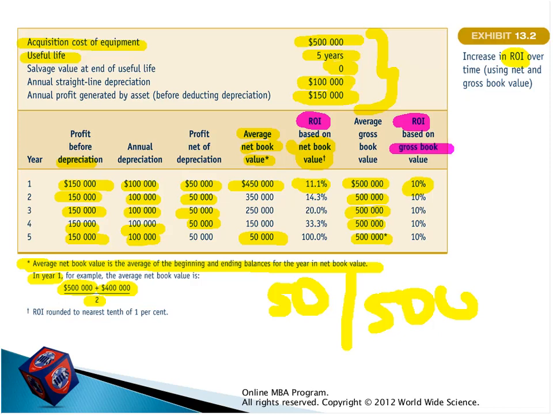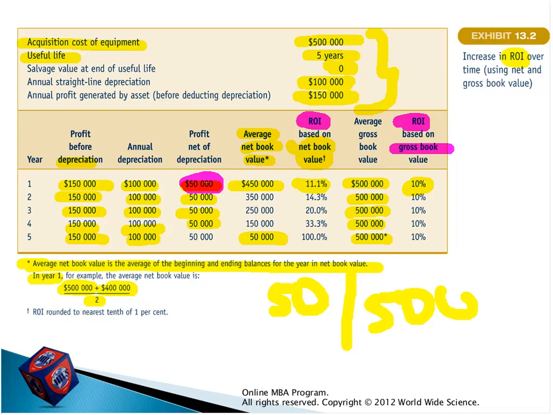This is simple. You remember, if you go to the previous slide, the formula of return on investment is the profit divided by invested capital and multiplied by 100. And profit here, we know, is 50,000, right? So we apply the 50 and divide by invested capital, which is 500.